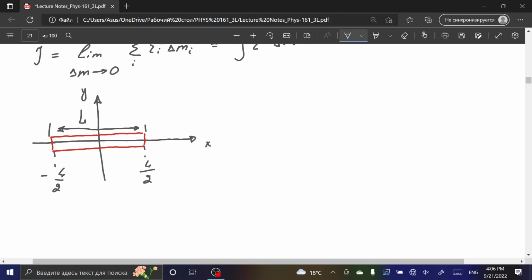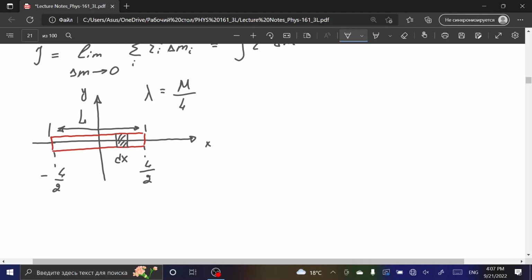We consider that this rod possesses uniform linear density, which is defined as lambda. And since it's uniform, we can express it as the total mass of the rod divided by the length of this rod. Now, obviously, since it's a continuous body, we want to divide it into small elements with length dx, on the way to calculate the moment of inertia of this rod with respect to the axis y.